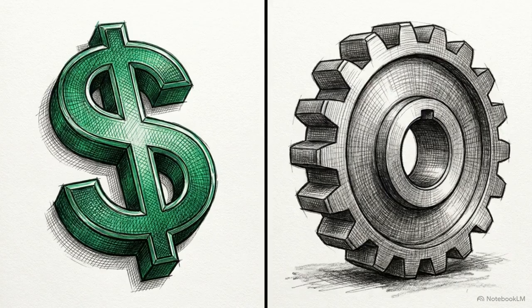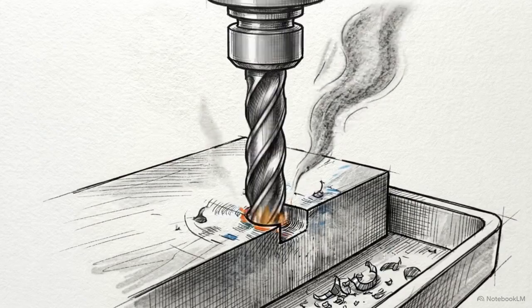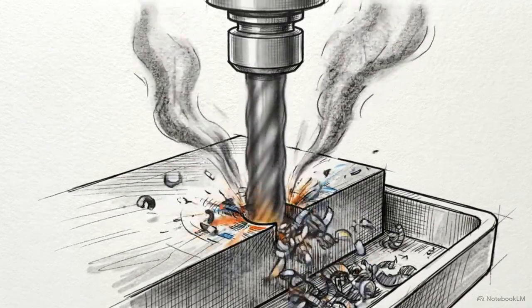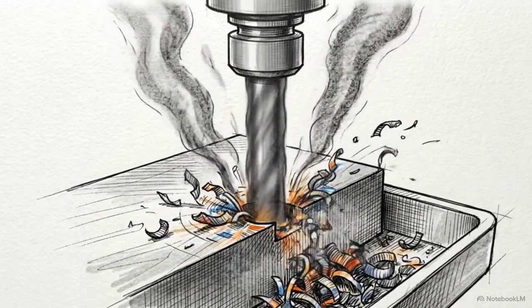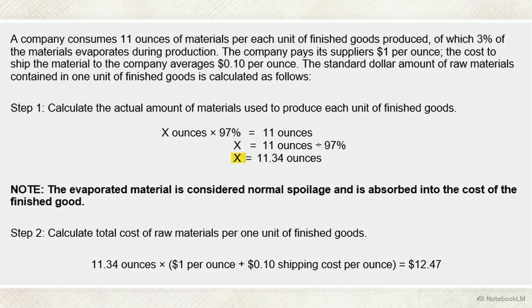Before analyzing how these two variances interact, we must clarify what standard quantity actually represents in a manufacturing environment. Standard costs do not assume zero waste. Chemical evaporation, metal shavings, and routine spoilage are inherently built into the baseline metrics. This calculation involves a 3% evaporation rate, setting the standard allowance at 11.34 ounces.